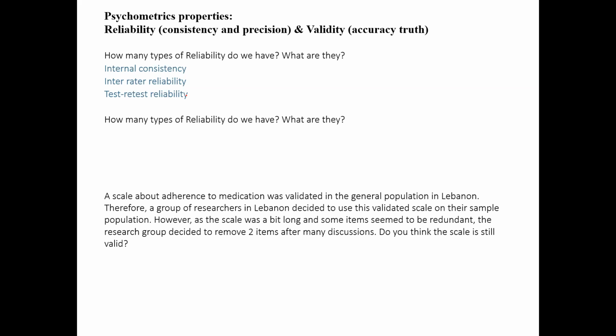This is a way to test the reliability of my scale. However, let's think together. What could be a challenge in this? I'm giving a scale to a certain individual, and after a few weeks, I'm re-administering the same scale to this individual. I just want to make sure that at both time points I'm going to have the same result, to make sure that my scale is reliable, not valid, reliable.